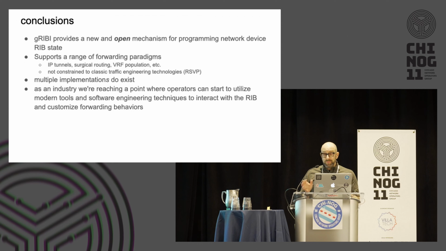We can do pretty much anything that we want from a next hop construction perspective. We can create tunnels, we can do surgical routing with the existing underlay, we can populate VRFs with this, and we're not constrained to bespoke protocols which are developed for traffic engineering or overloading things like BGP in order to do kind of unnatural acts.